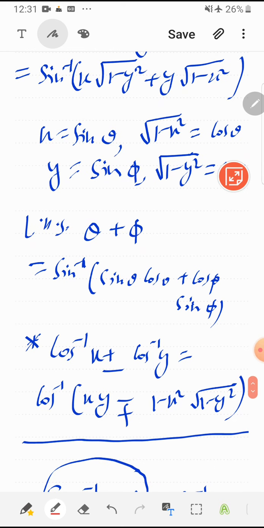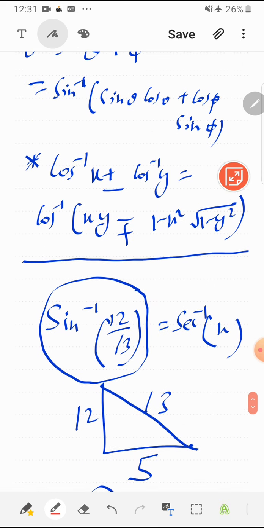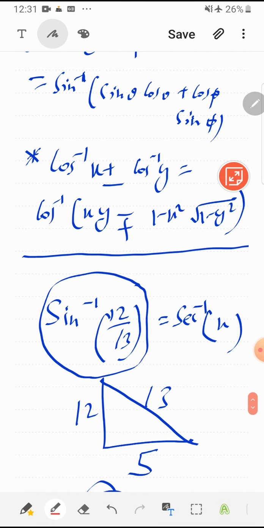So, last thing, sometimes it is asked, if sine inverse 12 by 13 is there, can you convert this into secant inverse? There are different formulae for these conversions, but according to me you should not remember any formula.